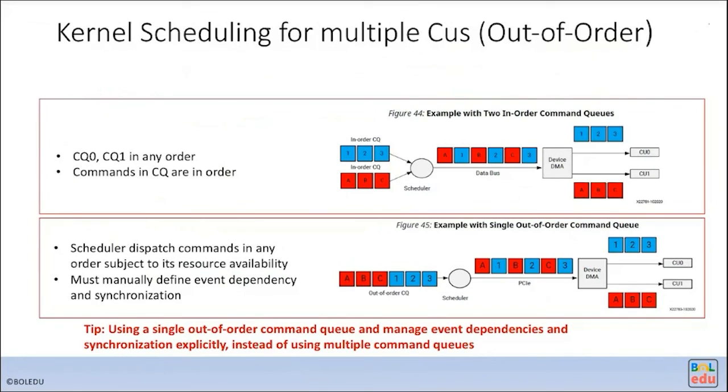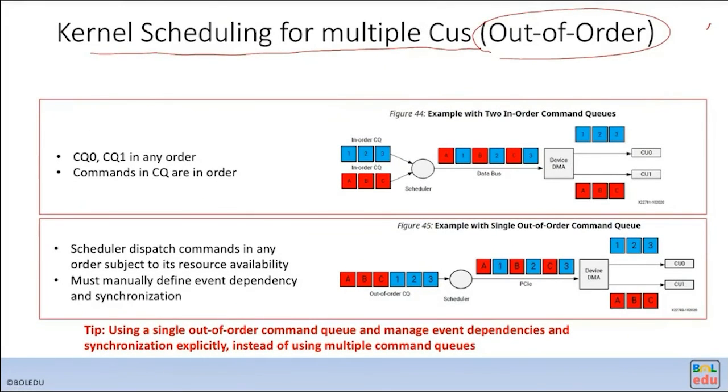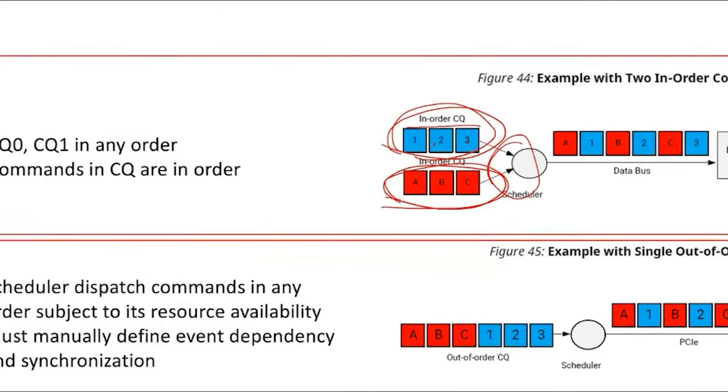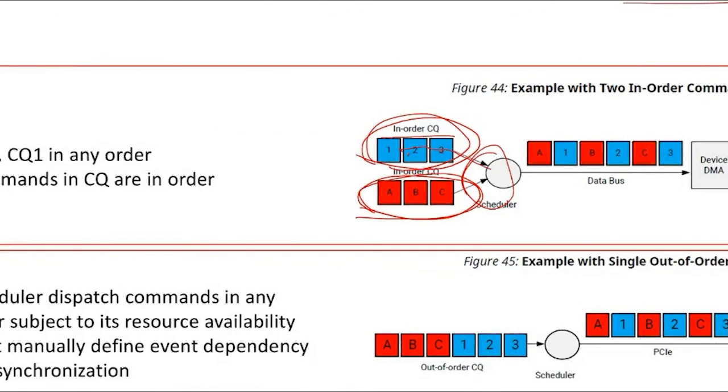For kernel scheduling for multiple compute units with out of order execution, there are two methods. One is that for each compute unit, you create an in order command queue. Create two command queues. Since it's an in order queue, the commands in the same command queue will execute in sequence.